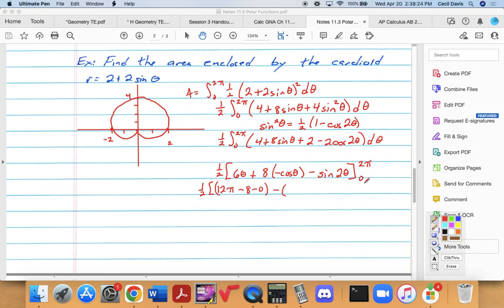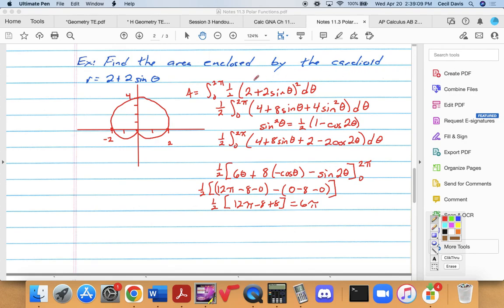Just because I'm putting in 0 doesn't mean everything is going to be 0, just most of the things. This will be 0. Cosine at 0 is 1, so that'll be negative 1, so this will be minus 8, minus 0. So that's going to be 1/2 of 12 pi minus 8 plus 8. I think it's 6 pi.